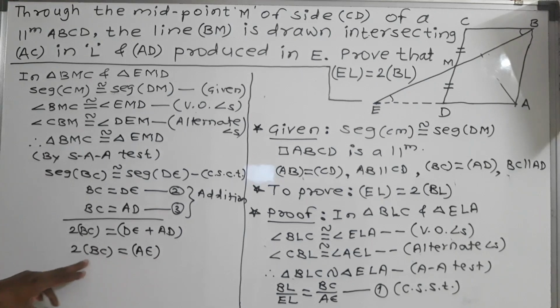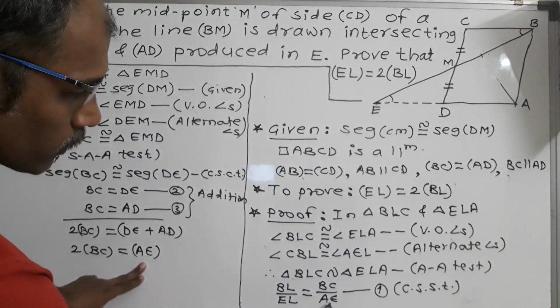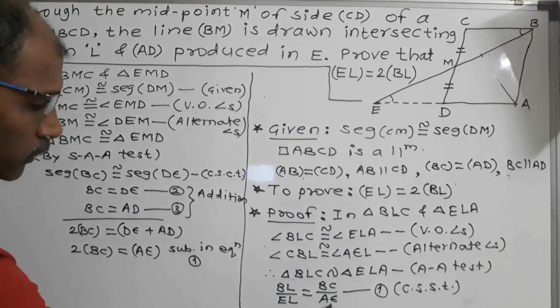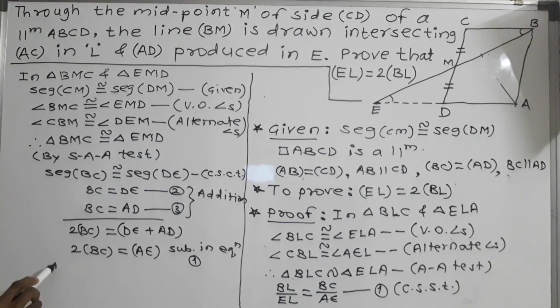Now we substitute the value of AE in equation number 1. Therefore we write BL upon EL is equal to BC upon 2BC, and these are cancelled.